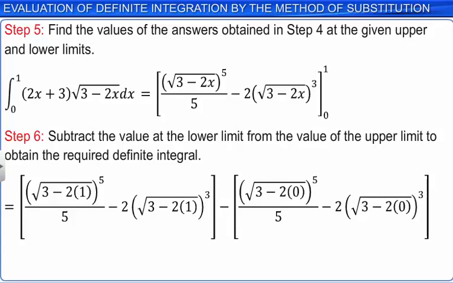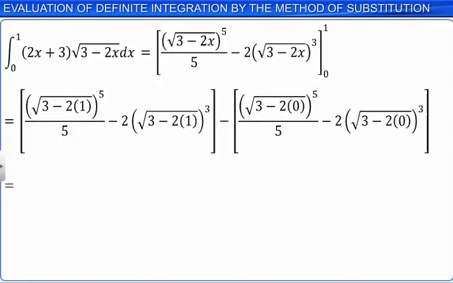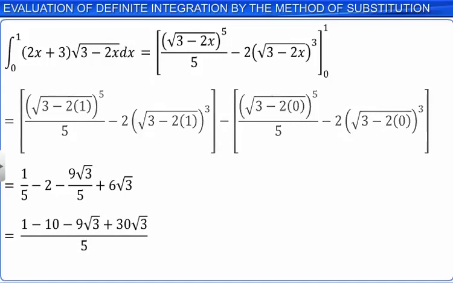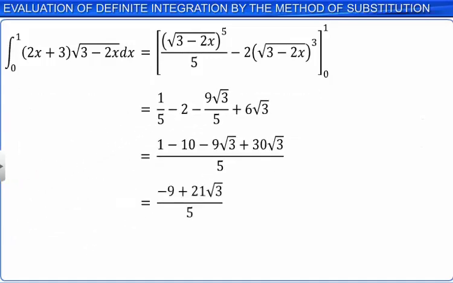On simplification, we get the value of the definite integral as minus (9 plus 21 times square root of 3) divided by 5. Hence, the integral of (2x plus 3) times square root of (3 minus 2x) dx from 0 to 1 is equal to minus (9 plus 21 root 3) divided by 5.